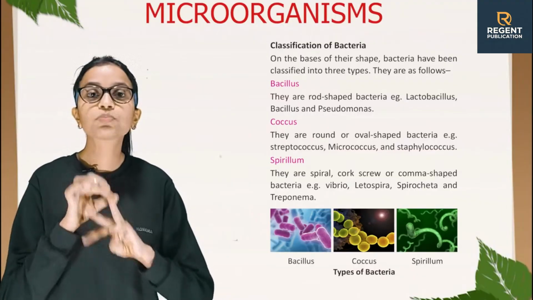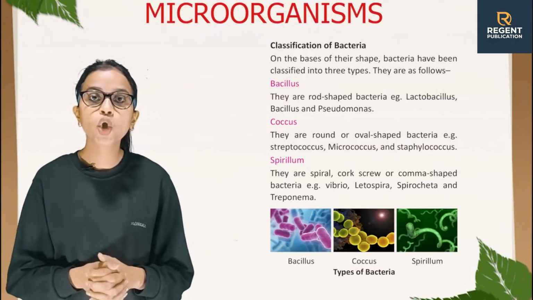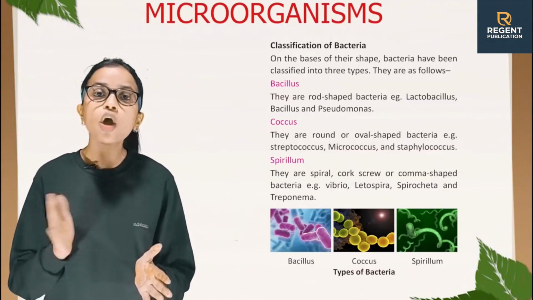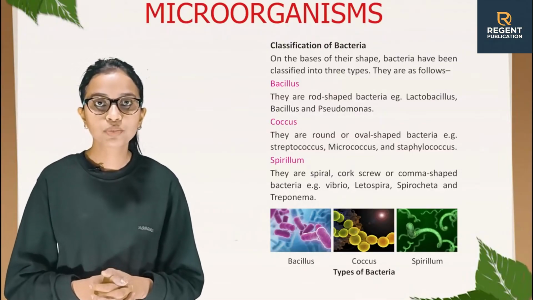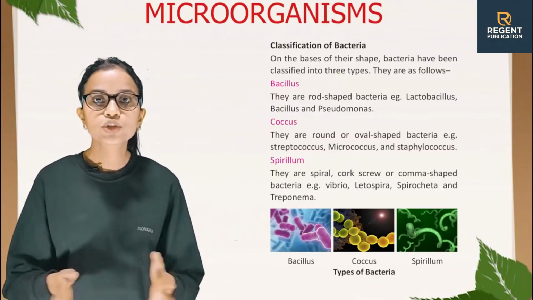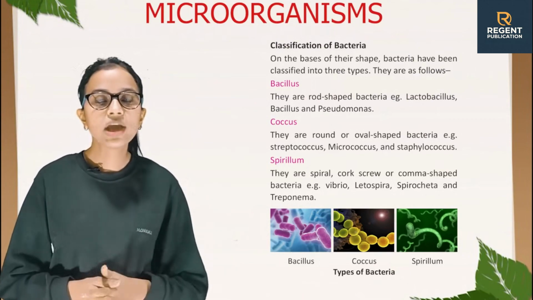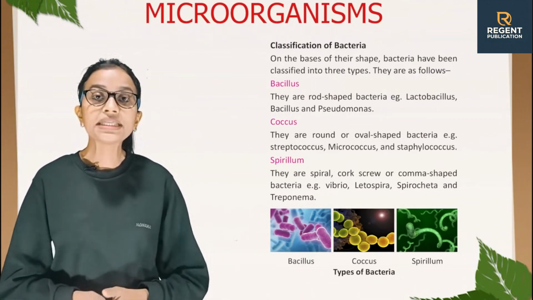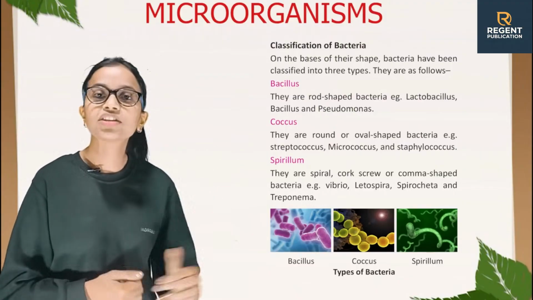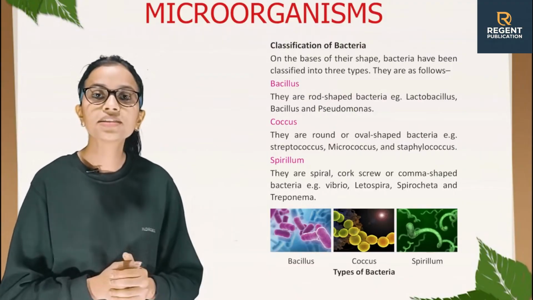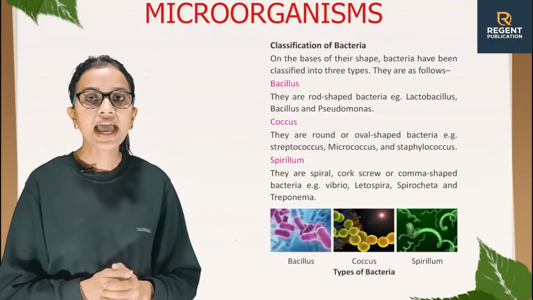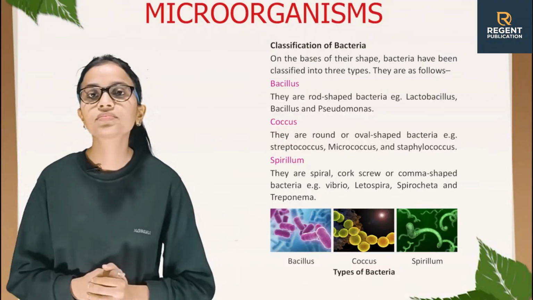The third one is spirillum. They are spiral, cork, screw or comma-shaped bacteria, example Vibrio, Leptospira, Spirochaeta and Treponema. So, these are the pictures of 3 bacteria that are Bacillus, Coccus and Spirillum.